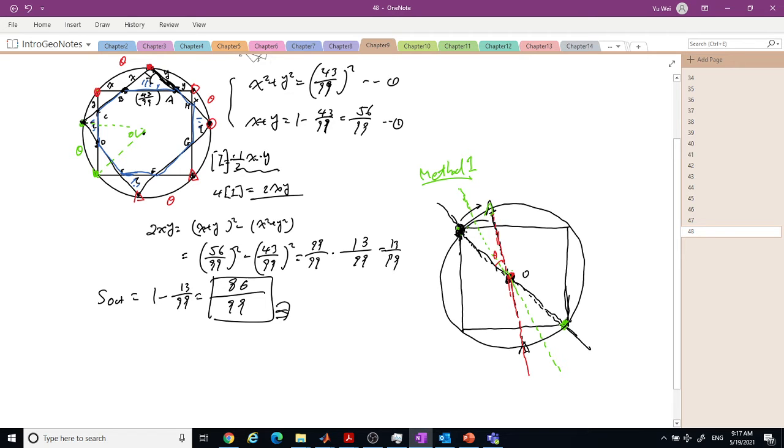When you reflect it, the point will land here. The line from here to here, the reflection line, will be the perpendicular bisector of the chord here, and it also makes the angle half and half. Now let's see this point.